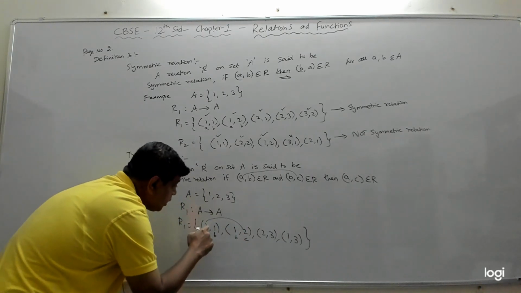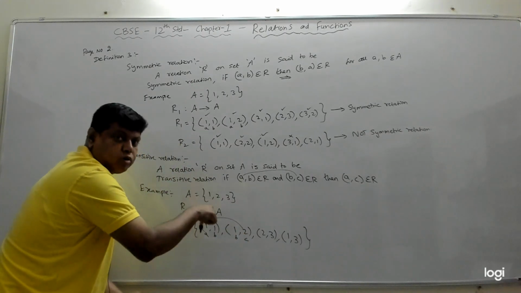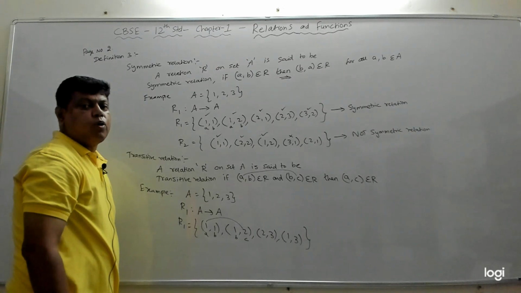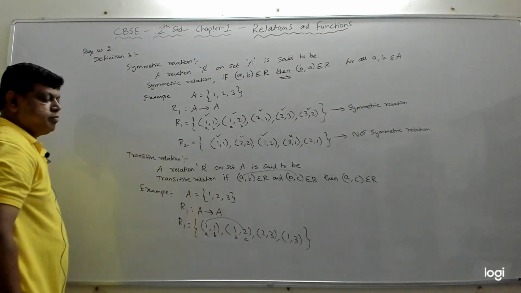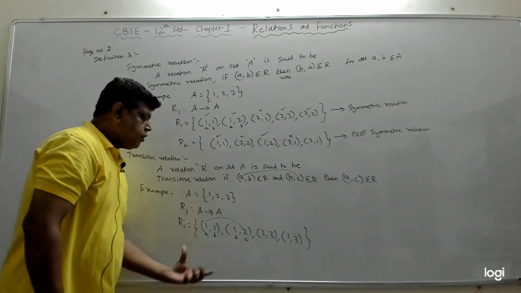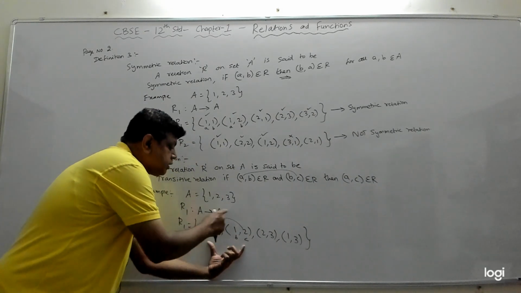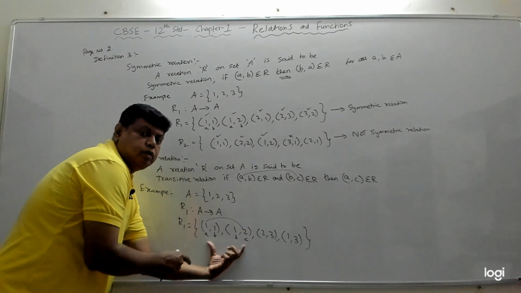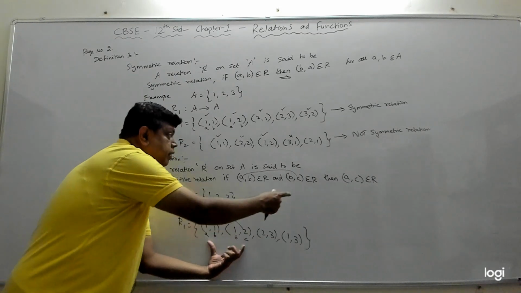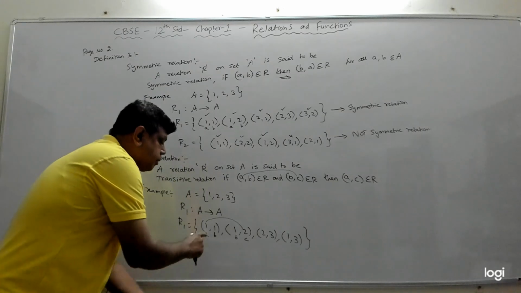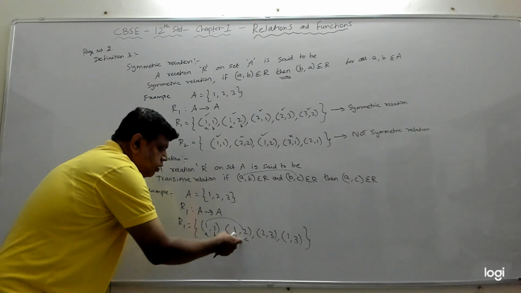A comma C means 1 comma 2 should also be in R1. Yes, 1 comma 2 is there. If you take these two elements like A comma B and then B comma C, then A comma C also should be there. Our A comma C is 1 comma 2, and 1 comma 2 is there.